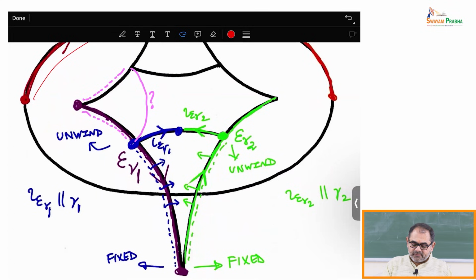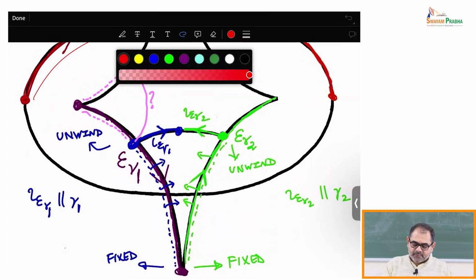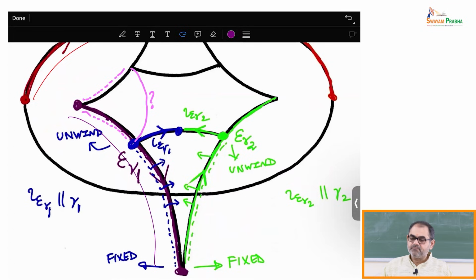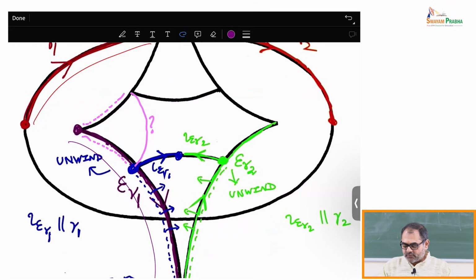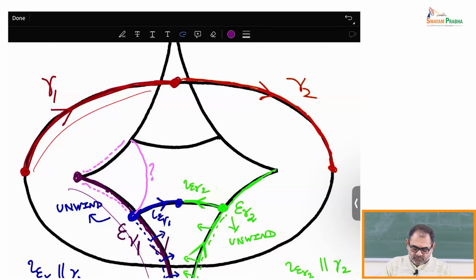So this will be the evolute. And how does that come? That comes because you are only taking the envelope of normals. You draw the normal here, and then you draw the normal here, and you keep doing this.